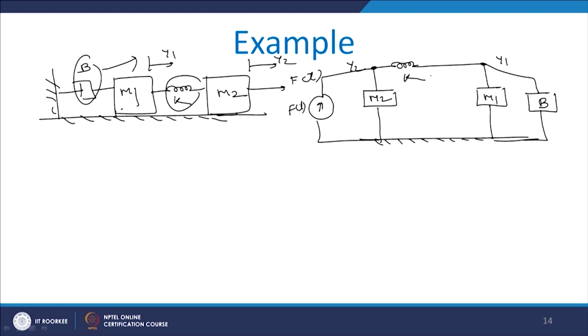Now, we have to apply the equation of motion. So, force is applied. So, incoming, outgoing, just like incoming current and outgoing current in an electrical circuit. So force is applied to node y2 and this is outgoing.